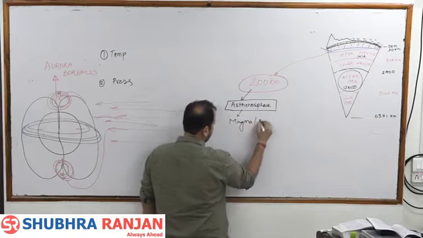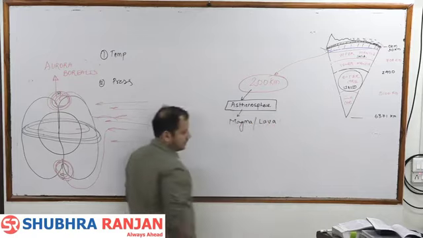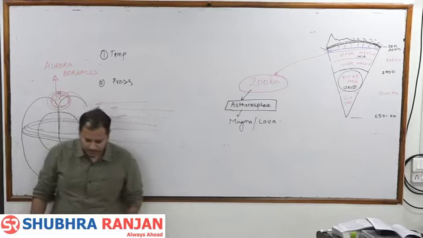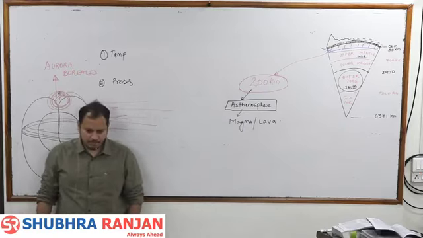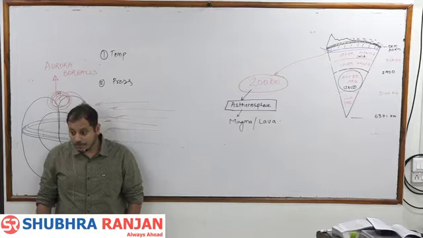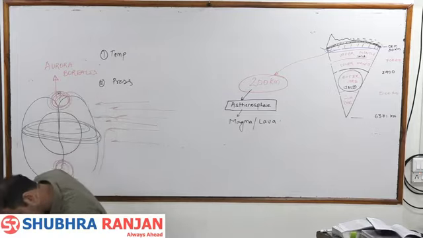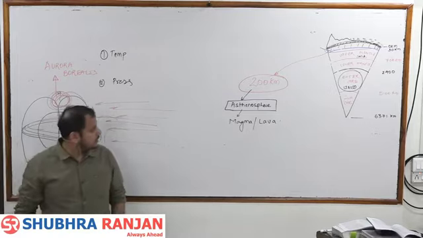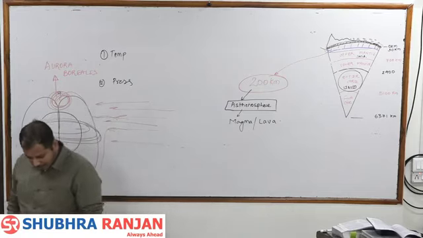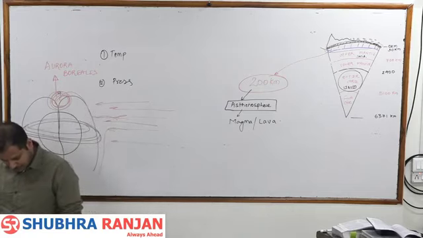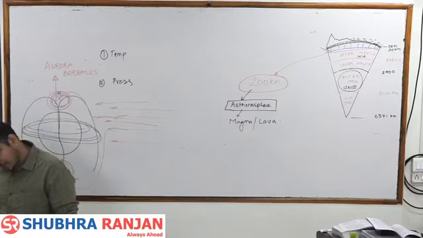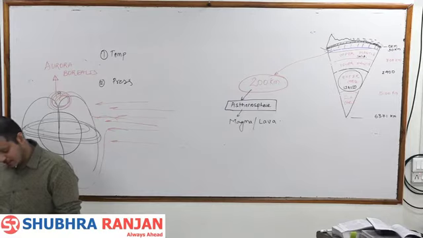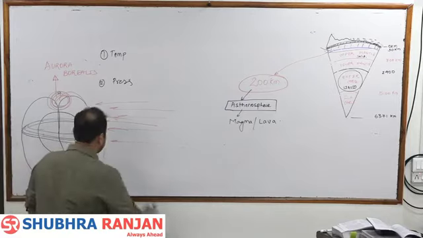It is the source of magma or lava that is given out through volcanic eruptions.